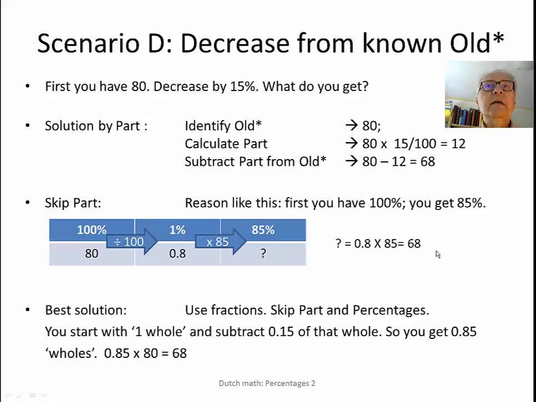And finally you can use fractions. Then you say I start with 1, I subtract 0.15, which leaves me with 0.85 of the original whole, and then you get 68. Again, the same result.